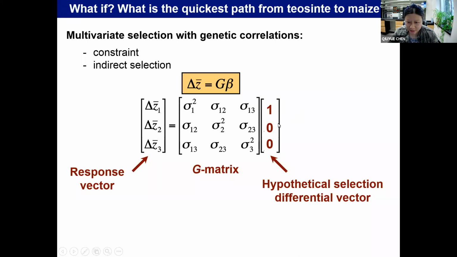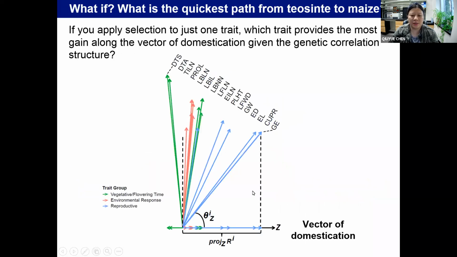So the trait with the element 1 is under direct selection, and all the other traits will be under indirect selection. So the question is, if you apply selection to just one trait, which trait provides the most gain along the domestication trajectory, given the genetic correlation structure?